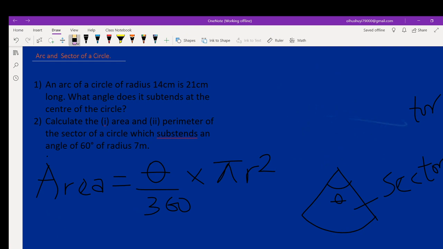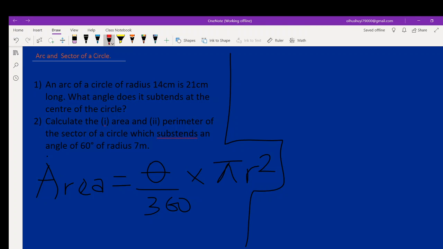Let's solve the question. You are looking for the area of the sector. With theta being 60 degrees, the area will be 60 upon 360 times 22 over 7 times the radius, which is 7, so 7 times 7.